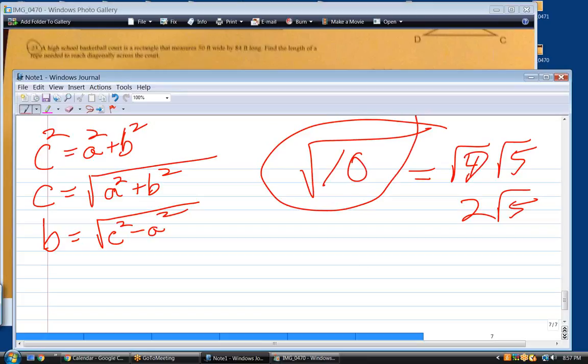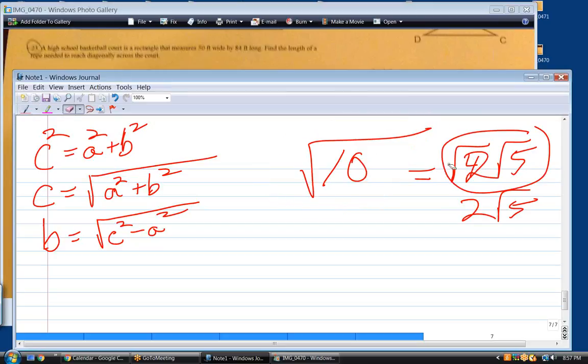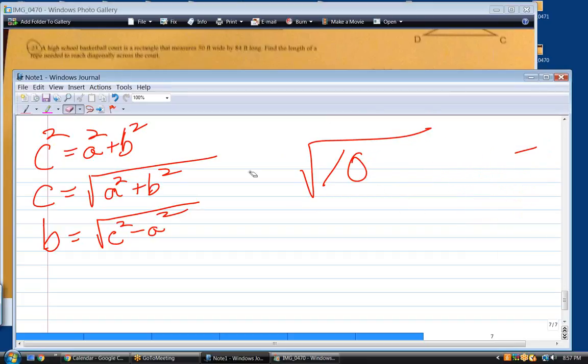It's indeed root 2 times root 5, but that's all further I can go. I can't bring out a whole number. So unless you can pull out a whole number from a radical, it's simplified. In other words, that's simplified. I cannot pull out anything from the square root of 101. That's the way I would leave the answer.